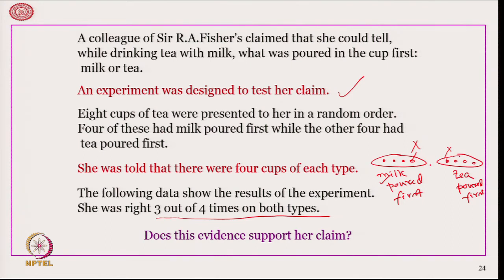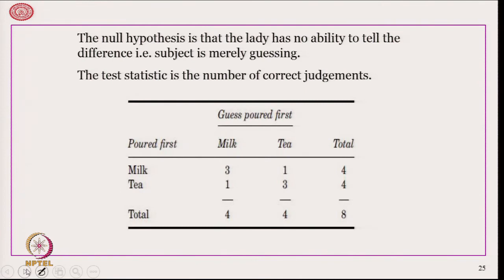Does this evidence support her claim? That means, we are checking whether she is randomly guessing or she actually could decide whether milk was poured first or tea. So, the table that we get is: milk is poured first in these 4 cups, tea was poured first in these 4 cups, and she guessed that milk was poured first for 3 out of the first 4 and 1 out of the other 4, and naturally the other 2 values are fixed and the column totals are 4 and 4.